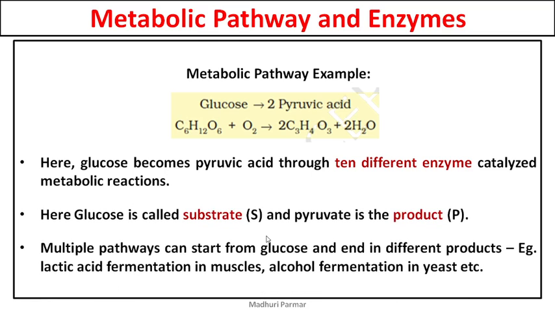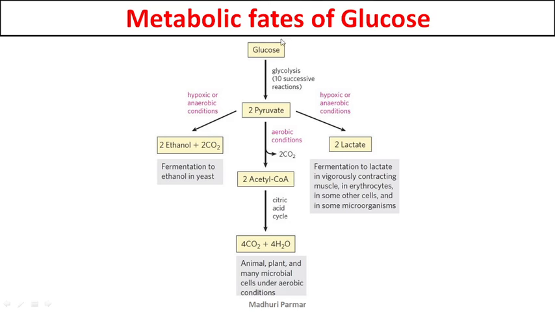Here, the glucose is the substrate and pyruvate is the product. There are multiple pathways which can start from glucose and end in different products. For example, there is lactic acid fermentation. This is just an example; you can start with any biomolecule. Here we are starting with glucose. You can get pyruvate by the 10 reactions of glycolysis.